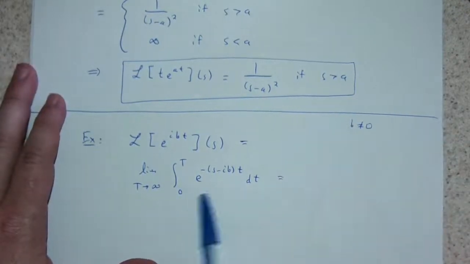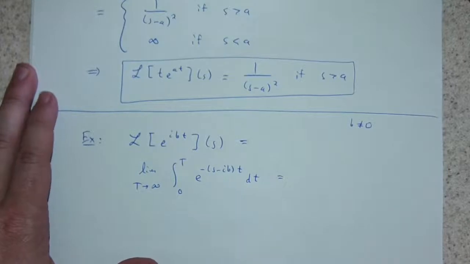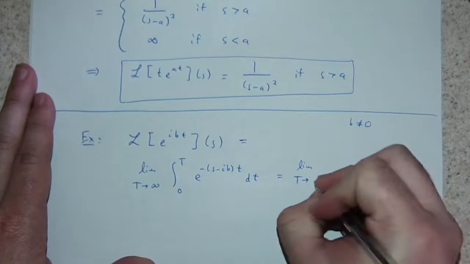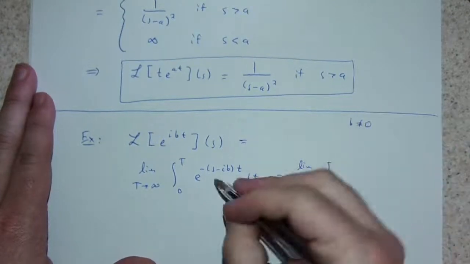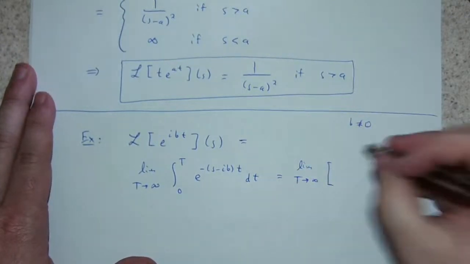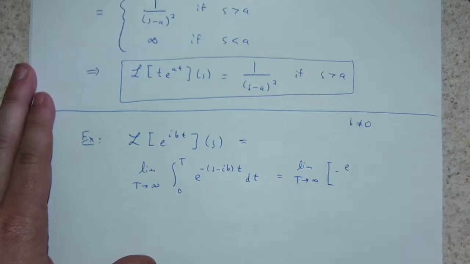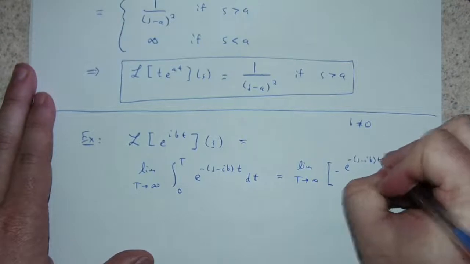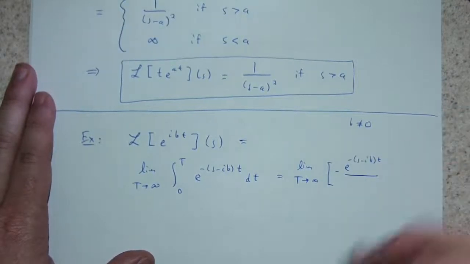Okay, well, let's just do this again, totally formally. This is the limit as big T goes to infinity of minus e to the minus s minus ib times t over s minus ib.